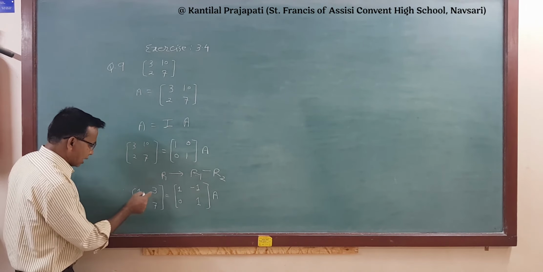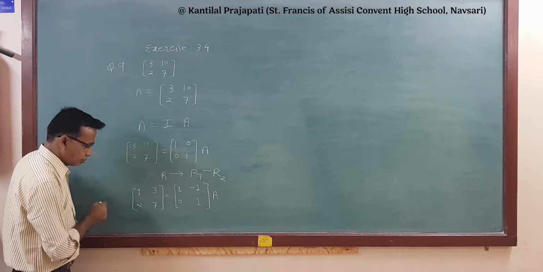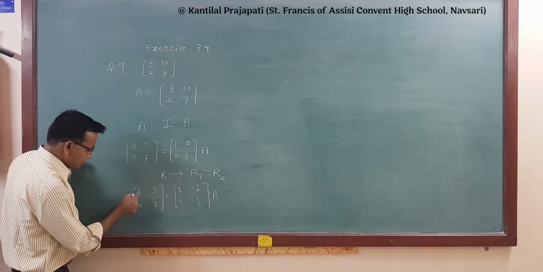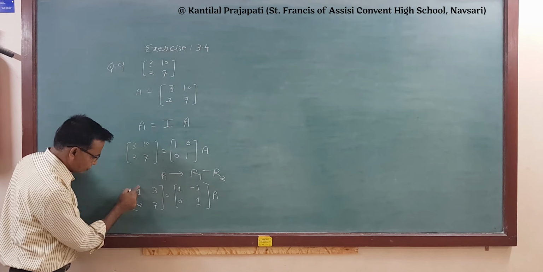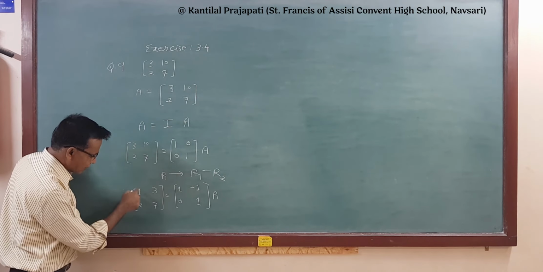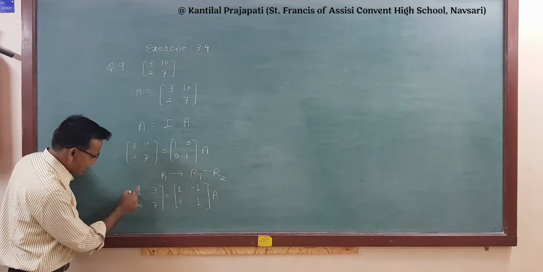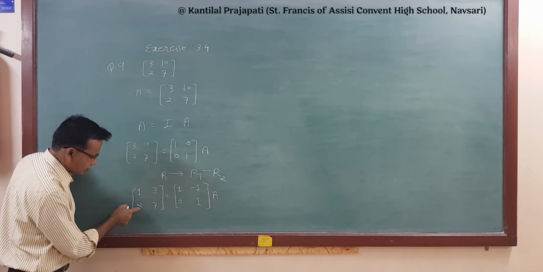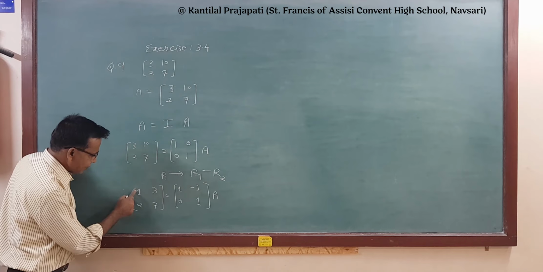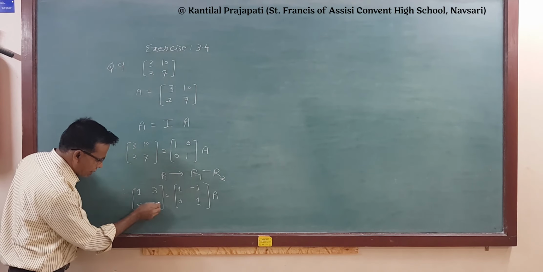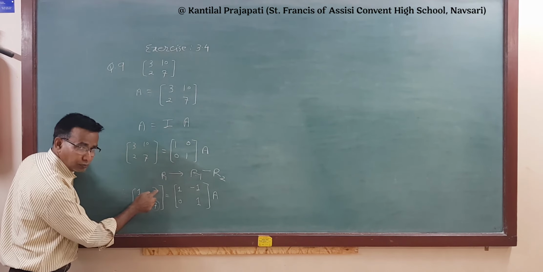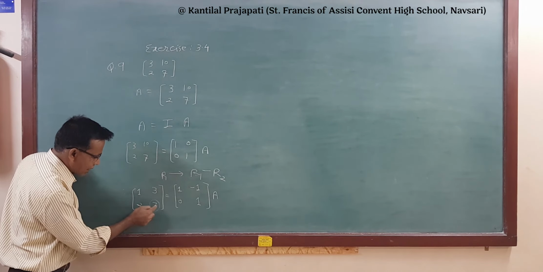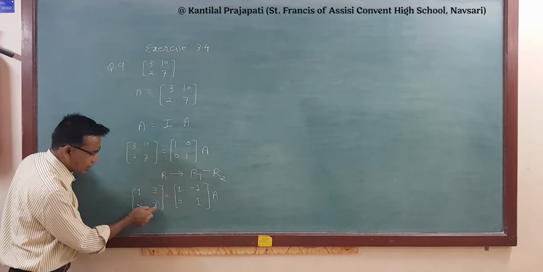Now we require 0 here. So we multiply the first element in the first row, first column, by minus 2 and add here, so we get 0 here. It's very easy. To get 1 here, 3 is multiplied by minus 2 and added here, so 7 minus 6 is equal to 1.